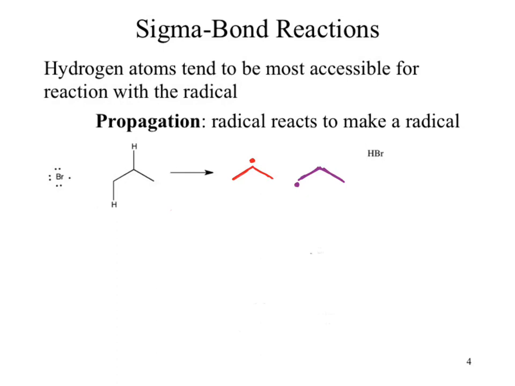So, how do we show it? So the bromine radical donates that one unpaired electron to either one of the hydrogens, because I'm showing 2 products here, right? So let's go through and show how that potentially worked.